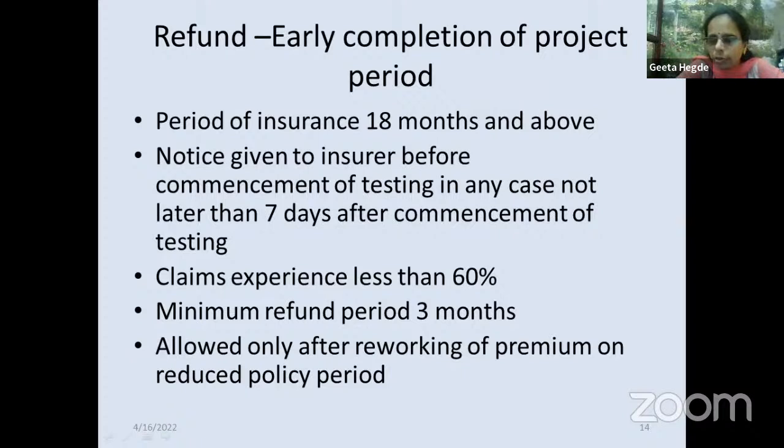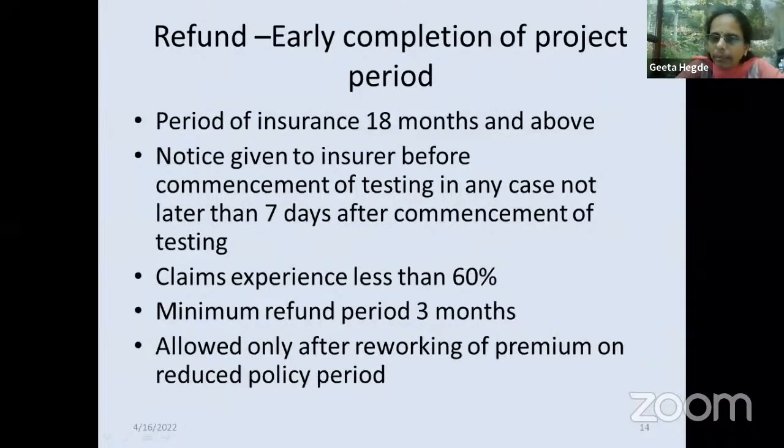And when the refund is to be given, how it will be worked out. If the period of insurance is 18 months and if the refund is required for 4 months, then the period becomes 14 months. So reworking of premium for 14 months, because there is a scale of calculation of rating for first 2 months, then additional months. So that way the premium is calculated for ER.